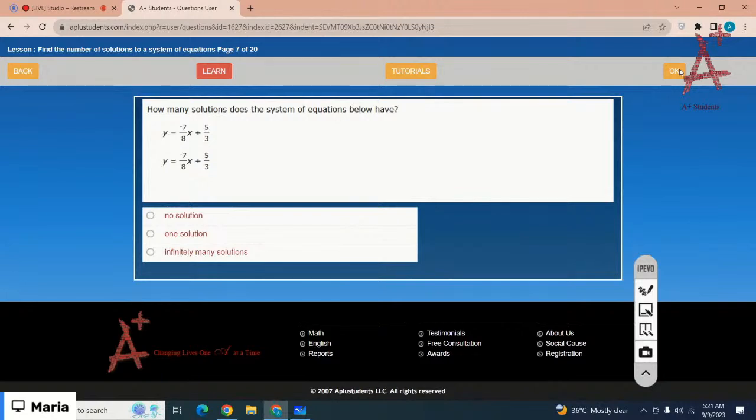That means they have infinitely many solutions. The equations have infinitely many solutions.